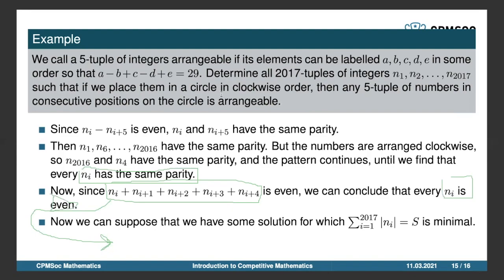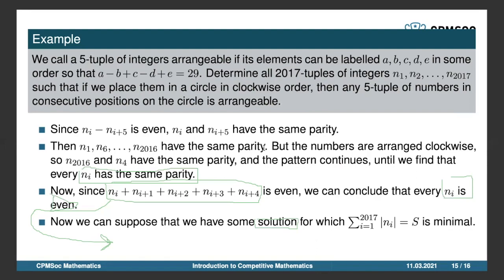Okay, so now we can go back to the idea of infinite descent. So in this question, what we can do is assume there's some solution. In this example, the word solution means a configuration of 2017 numbers where adjacent 5 numbers satisfy the arrangeable property.